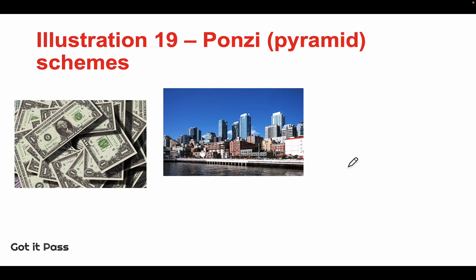The lesson learned here is that if a scheme looks too good to be true, then it is probably a fraud, or here, a Ponzi scheme. In modern days, Ponzi schemes still exist, but in a more advanced way.